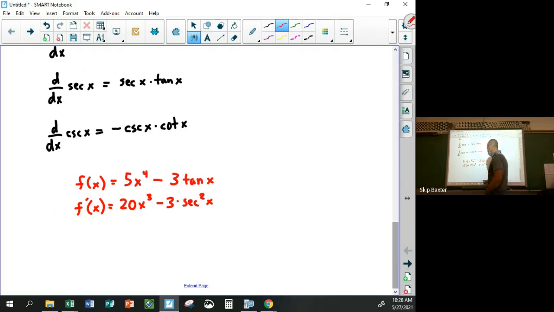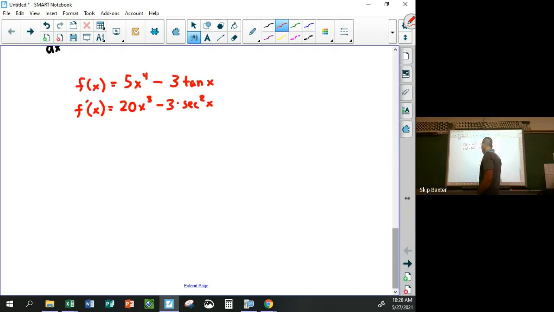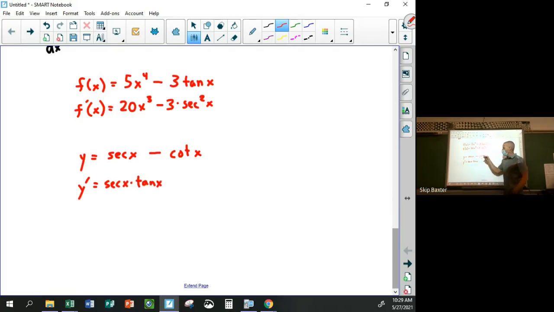If you had a function that was a combination of just trig functions, it's the same thing. Like if I had y equals secant x minus cotangent x. The derivative of secant x is secant x times tangent x. The derivative of cotangent is negative cosecant squared x.